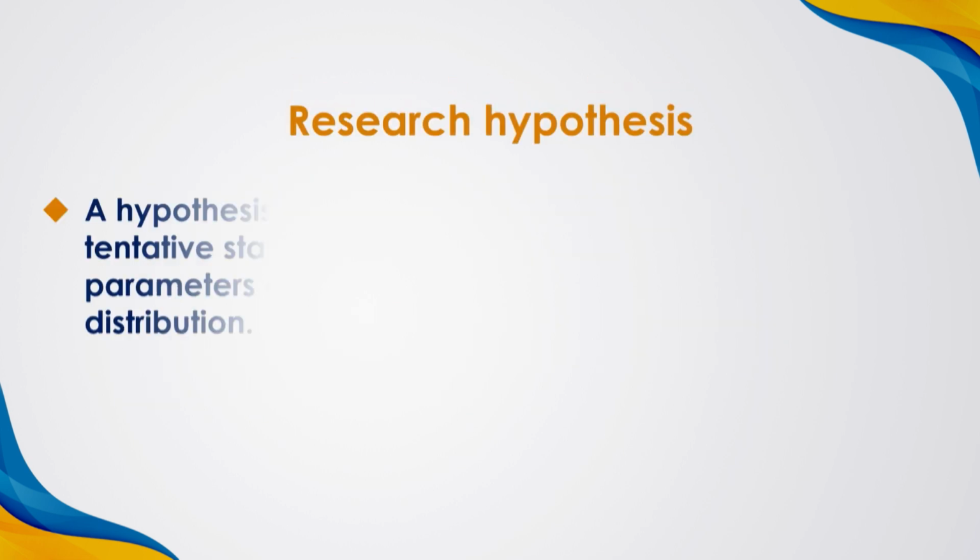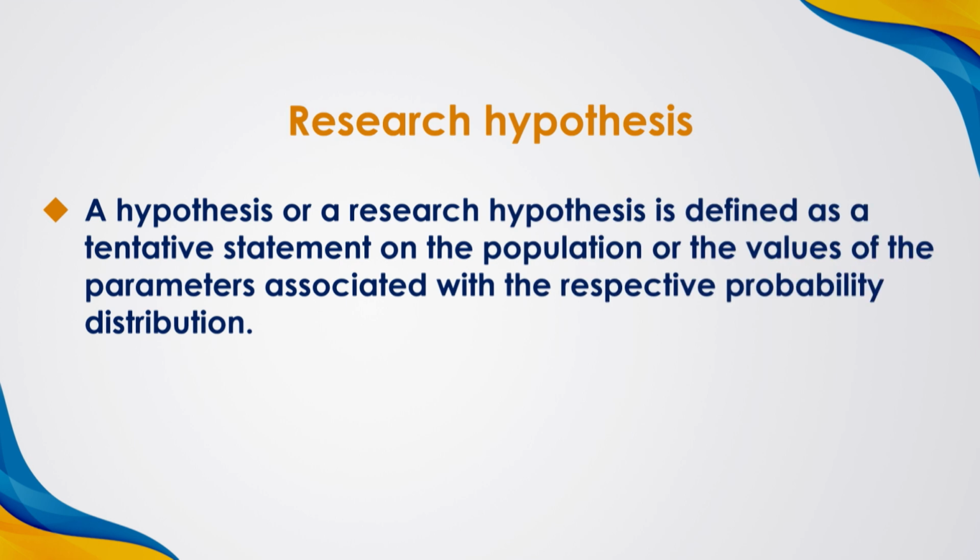Now, next term we have to see is research hypothesis. A hypothesis or research hypothesis is defined as a tentative statement on the population or the values of the parameters associated with the respective probability distribution. Here the important point is it is only a tentative statement.